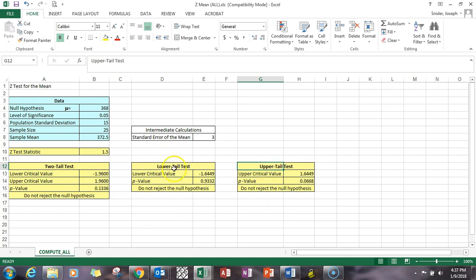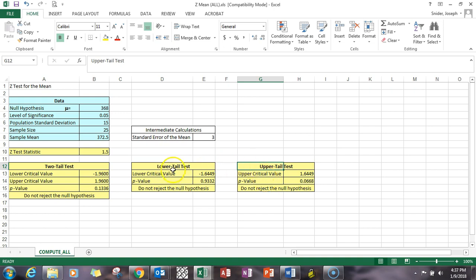So you don't use all three areas, you use the one that's appropriate for the H1 and H0 that you have. The two-tail test, I forgot to tell you, it was H1 being not equal to a number. So two-tail is not equal to a number for H1, lower tail test being less than in H1, and upper tail you have a greater than sign in H1 for your value, for your alternate hypothesis.